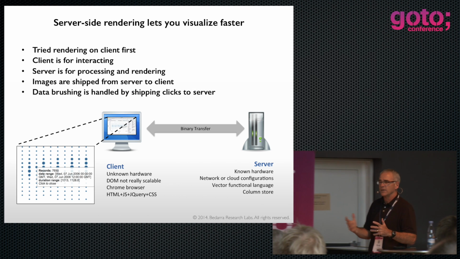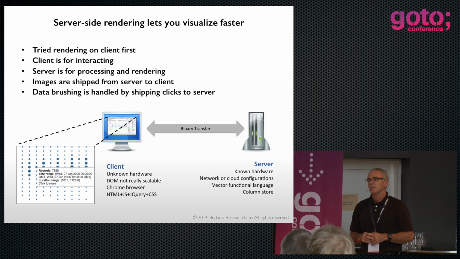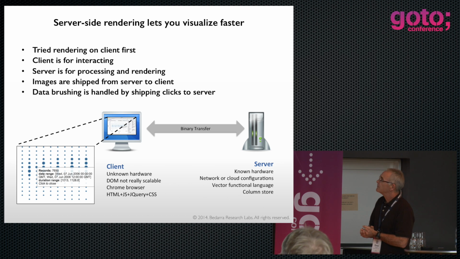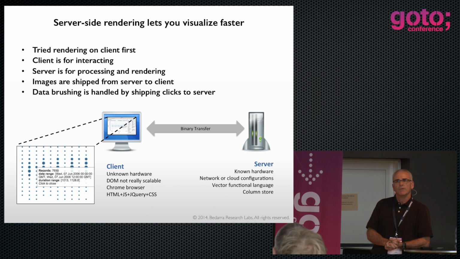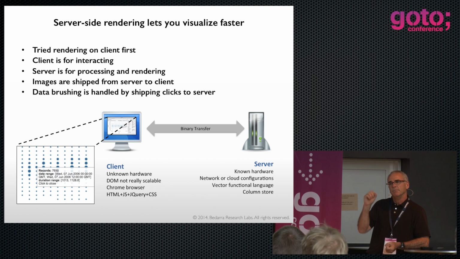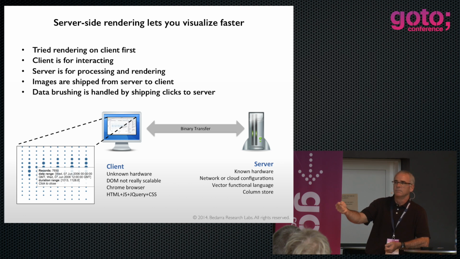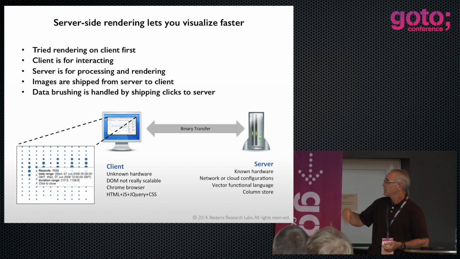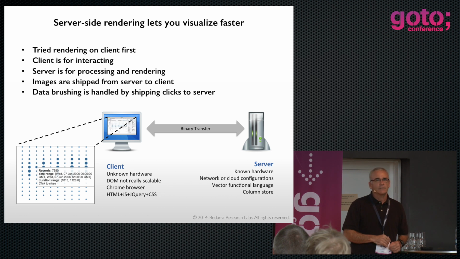Okay, so now you've got your data and you want to render it. We tried a whole bunch of things where we were rendering on clients using JavaScript and D3 and all these other languages, and it just didn't work. So what we ended up doing was doing all our rendering on the server and shipping bitmaps to the client. And then what we do on the client is when you touch something, we send the points back to the server and do another lookup and pull that one point out and then tell you what the point is and what's in there and that sort of thing.